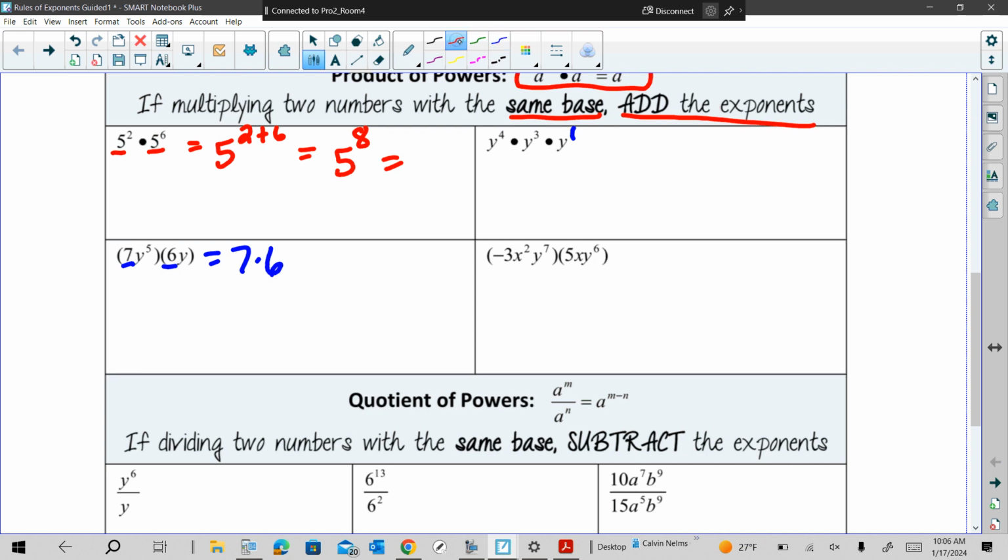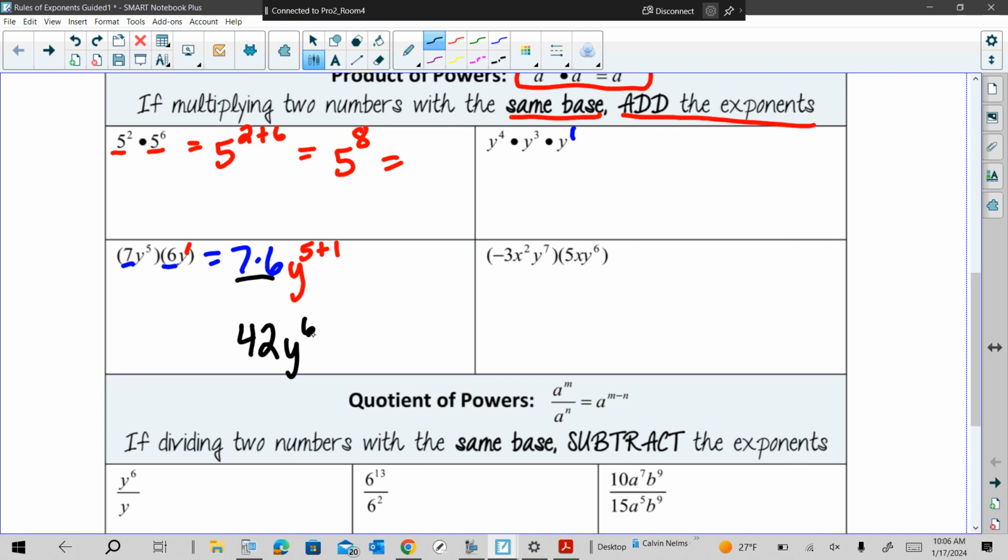Then you go to the variable. Remember, if you don't see an exponent, it's an invisible 1. So that's y to the 5th power plus 1, plus that 1 exponent. When you multiply the coefficients together, you get 42, y to the 6th power.